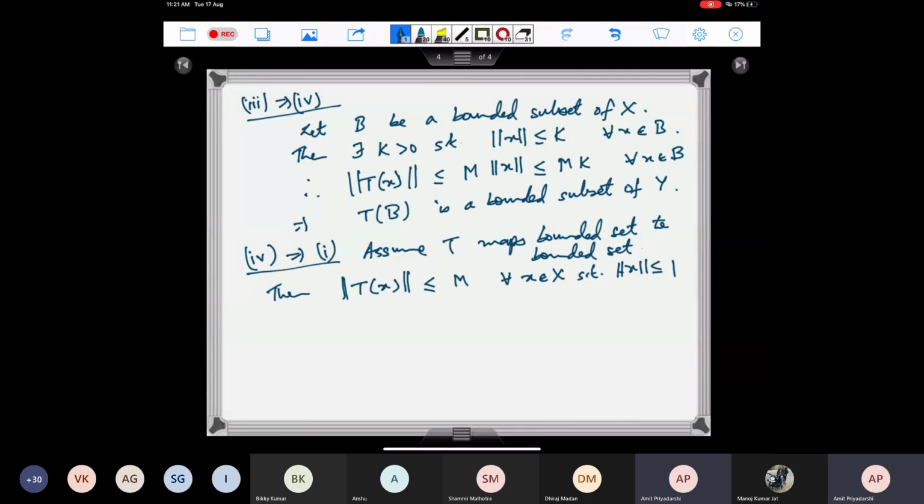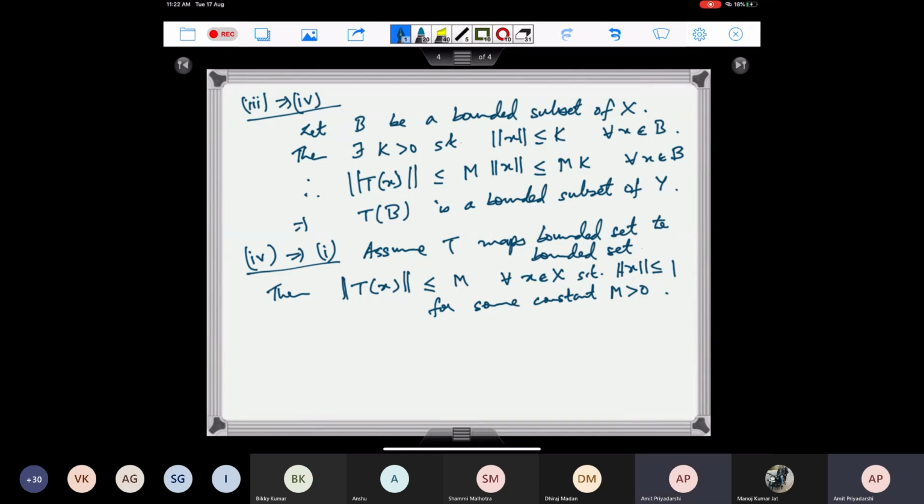Because norm x less than or equal to 1 is a bounded subset of X, its image will be a bounded subset of Y. So norm of Tx is less than or equal to some constant m, for some constant m bigger than 0.